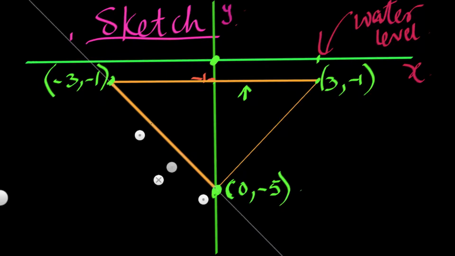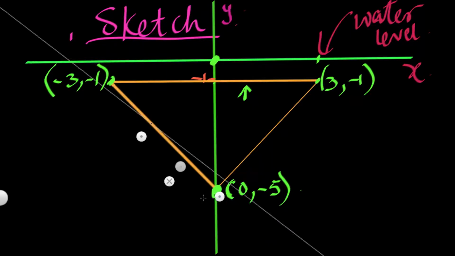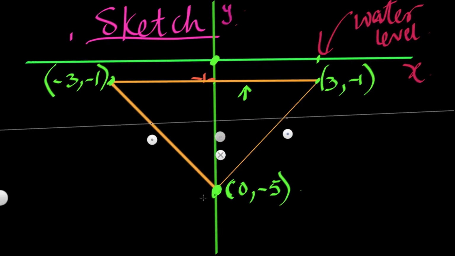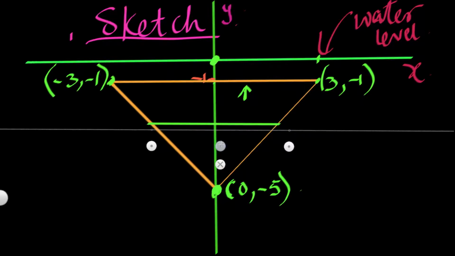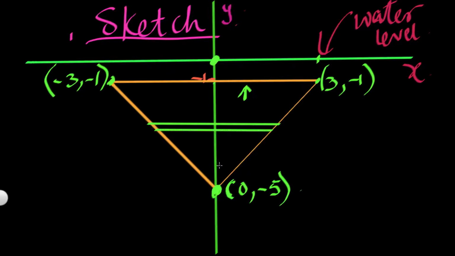Let me use my ruler. So the strip will run across this whole plate. So it's a thin strip. All right, this is our strip. Let me shade the strip.